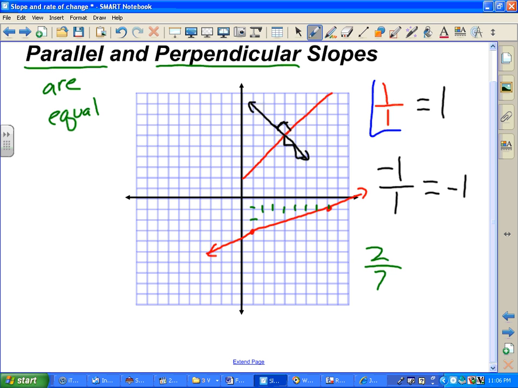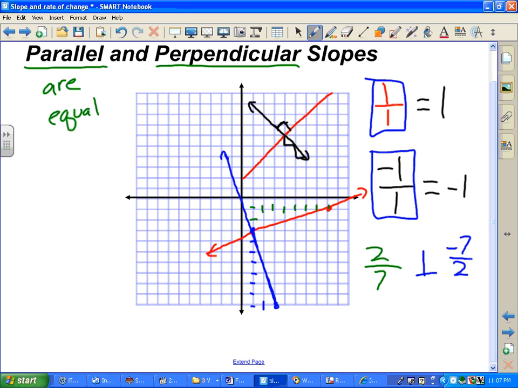Well, if I'm going to go 90 degrees to this, the perpendicular slope is -7/2, and watch. If I start at this point and I go down 7, because my rise is -7, and over 2, because the run is 2, that puts me right there. And if I look at those lines, that is going to give me a right angle.